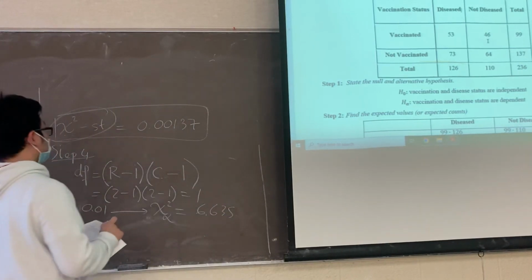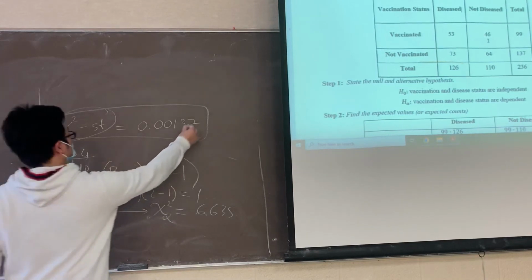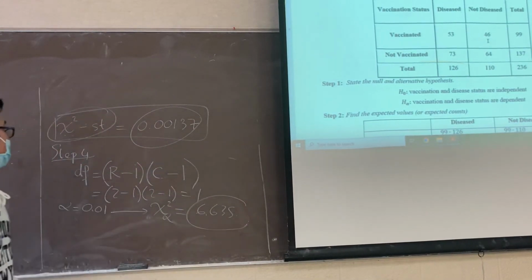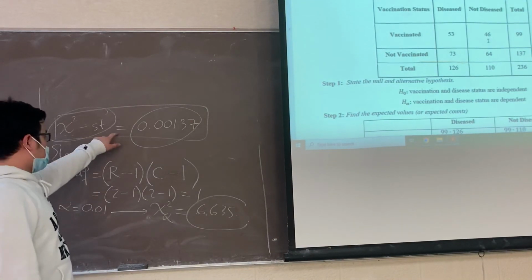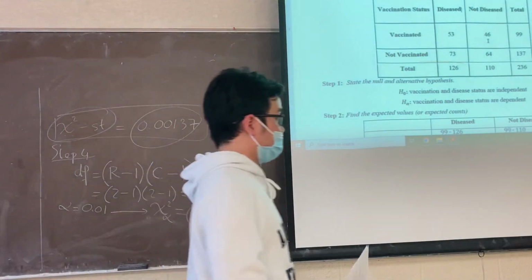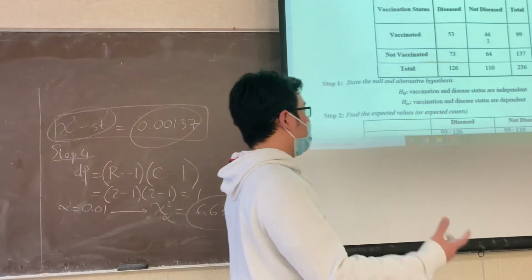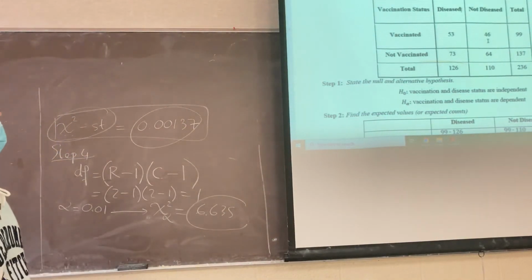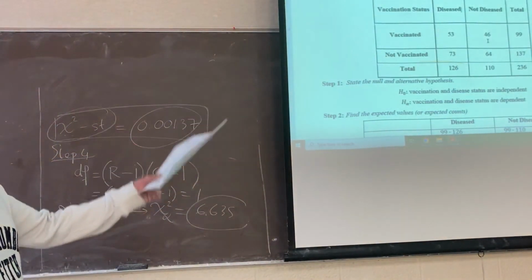Okay, and in the final step, you compare this value and this value, right? You see that the chi-square statistic is less than the chi-square critical value. So we will conclude that we fail to reject the null hypothesis.